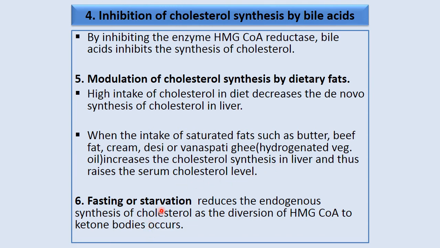Now the 6th one is fasting or starvation. During fasting and starvation, endogenous synthesis of cholesterol is reduced as HMG coenzyme A is diverted to ketone bodies. So during starvation, HMG coenzyme A is converted into ketone bodies rather than cholesterol.